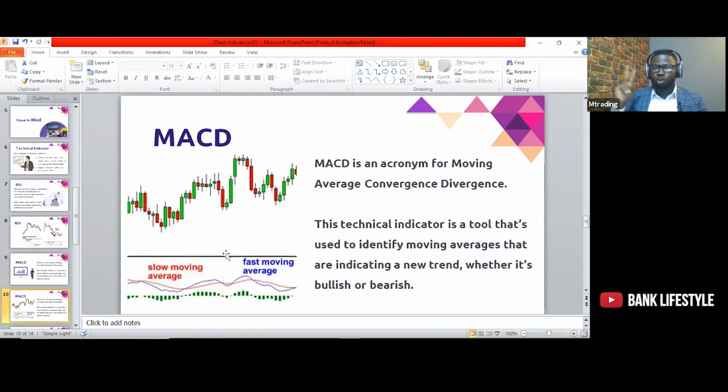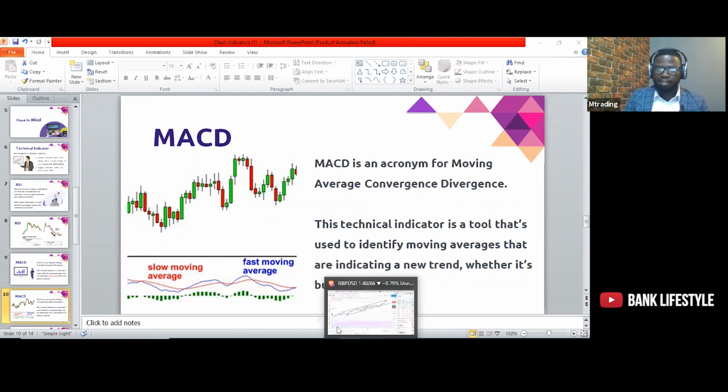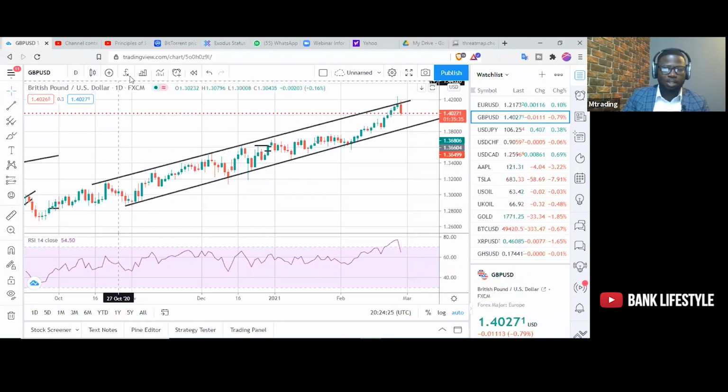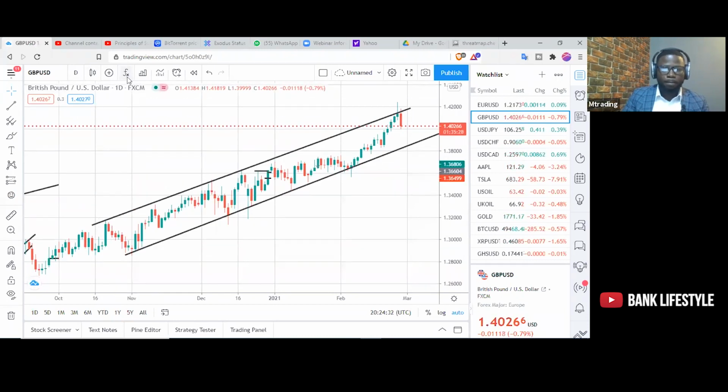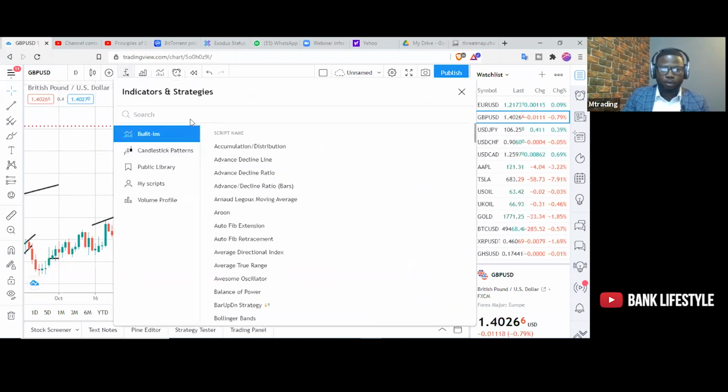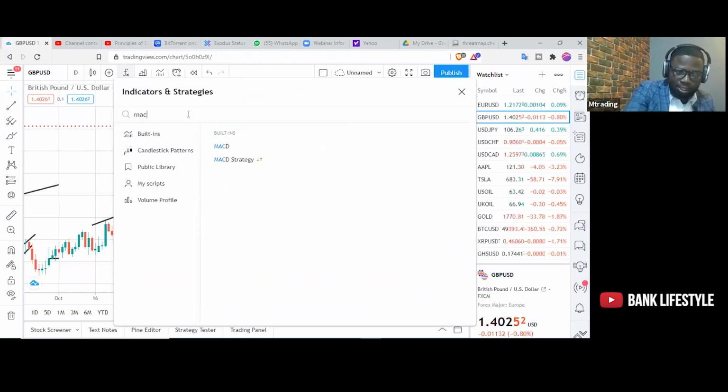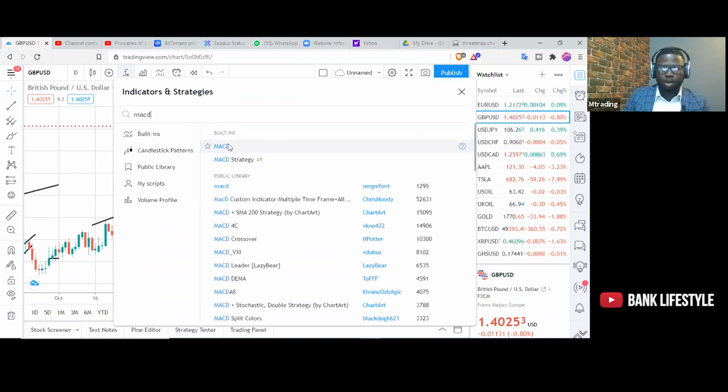It uses two moving averages, the slow moving average and the fast moving average. Let's go into the chart once again and see how the MACD works. Let me just remove the RSI and look for MACD. There you go.